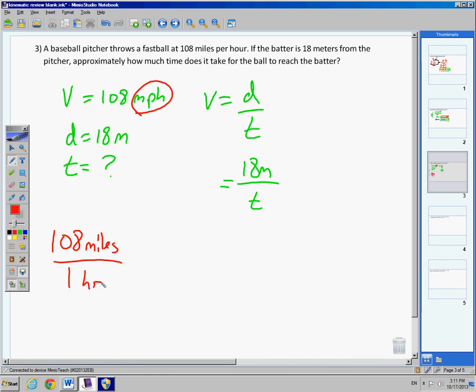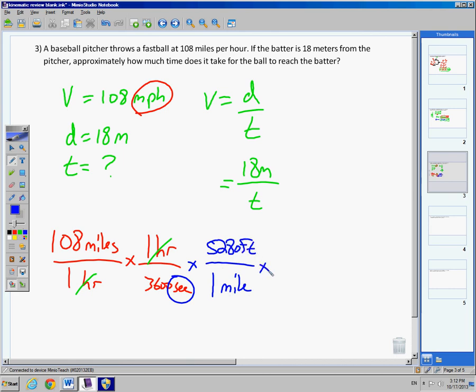I'm going to do this really quickly here. So I have 1 hour over 3,600 seconds. That allows me to cross hour out, and I'm left with seconds. I'm going to put in meters per second so I can continue with the equation. And then I'm going to say that in 1 mile, there is 5,280 feet, and then there are 3.3 feet for 1 meter.